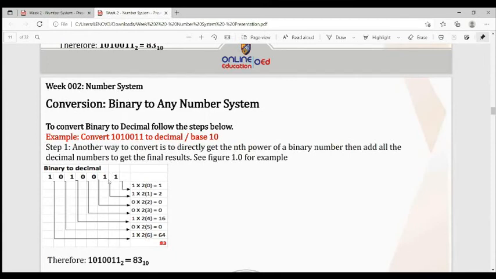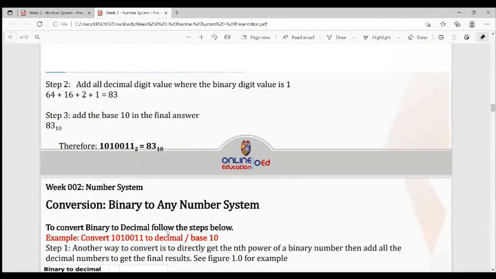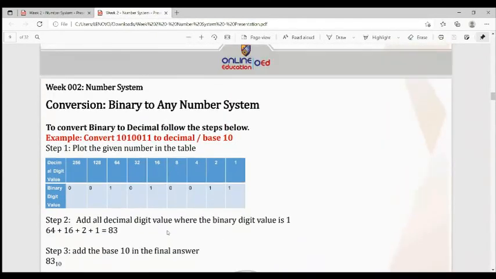Then the other one is 2 raised to 1, 2 raised to 2, 2 raised to 3, 2 raised to 4, 2 raised to 5, and 2 raised to 6. Ayan. To make it 83. So, kung ano yung mas madali sa inyo, yun yung sundan ninyo.